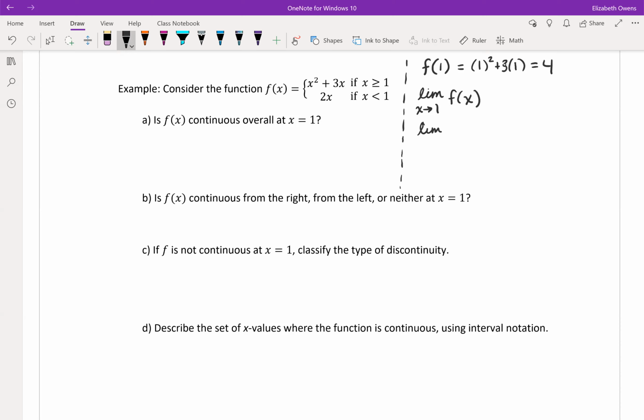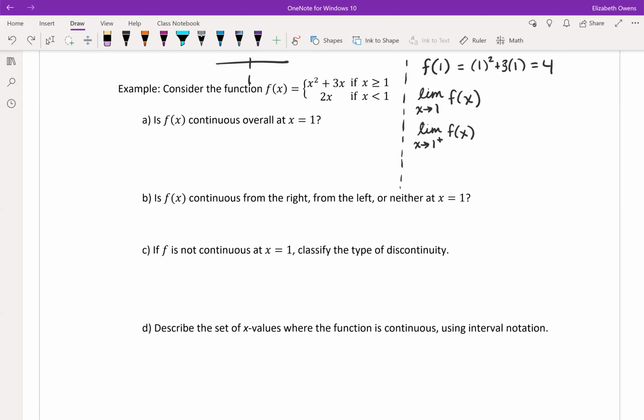The limit as x approaches 1 from the right of f of x. Approaching 1 from the right, here's 1, here's the right, so that would be values that are greater than 1. That would mean we need to use this upper portion of the function again.